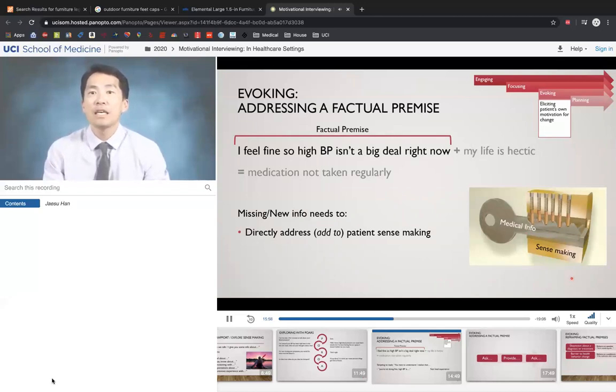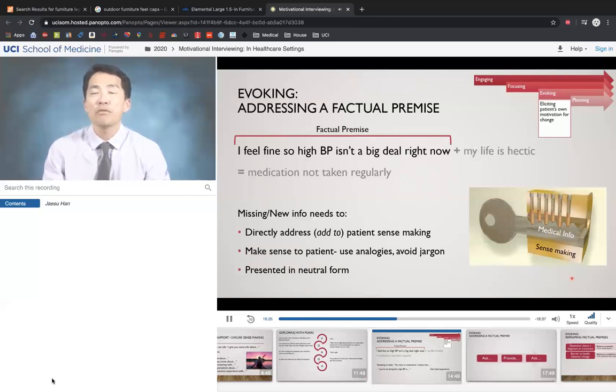And that key has to fit into the patient's sense making lock. Correcting the patient is not going to be helpful because, again, it loses rapport. So we have to really fit into the conceptual world of the patient. We can be assisted in that by using simple analogies, avoiding jargon, and then finally, it has to be presented in a neutral form.